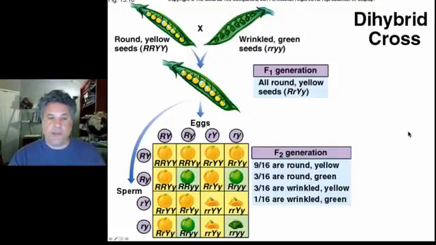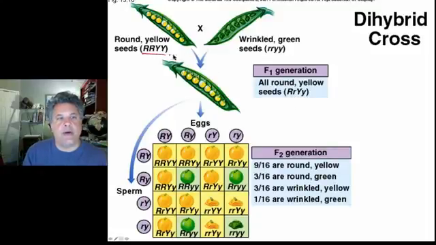Now, one thing I want to point out before moving on is that if we look at this assortment of alleles into sex cells of the F1 generation, for the moment, just consider the arrangement of these alleles as they were inherited from the two parents that we're examining here.